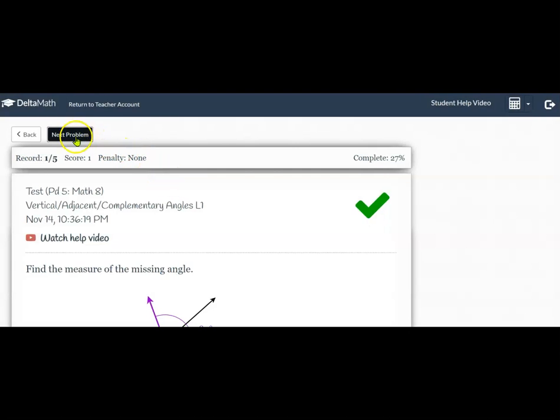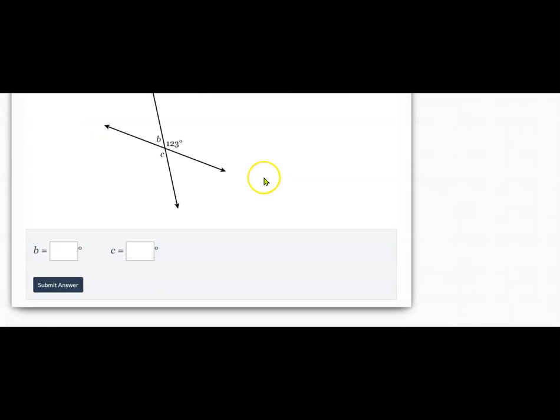Let's try this one more time. Looks like they want to know the measure of two angles. So I'm given this obtuse angle, which is vertical to this obtuse angle because they touch at the vertex. So these two vertical angles are equal. So C is also equal to 123 degrees.